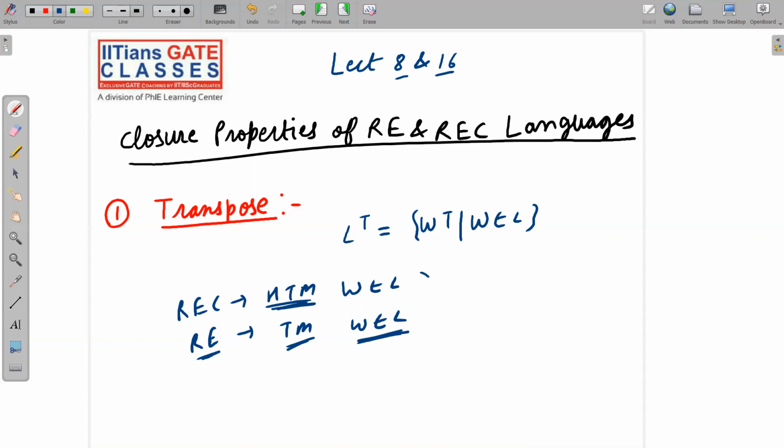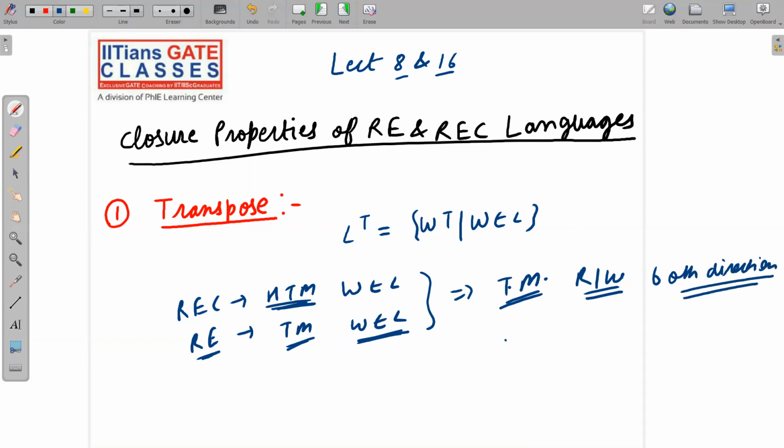Now, both are actually Turing machines only, and in Turing machines we have a read write head which can move in both directions. Since the head can move in both directions, our work is over. Why? We have already said that a Turing machine consists of a tape of infinite length divided into cells, one cell stores one symbol at a time, and the read write head is positioned at the first symbol of the input string.